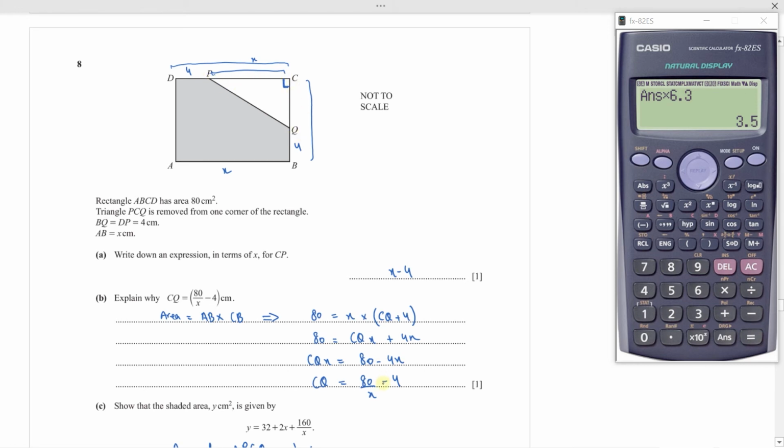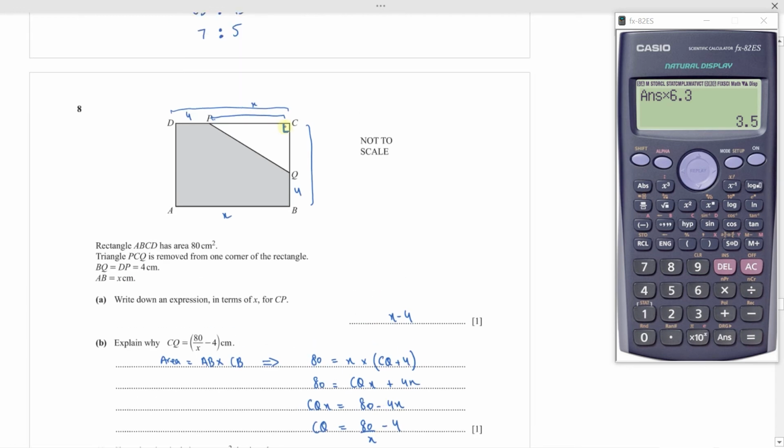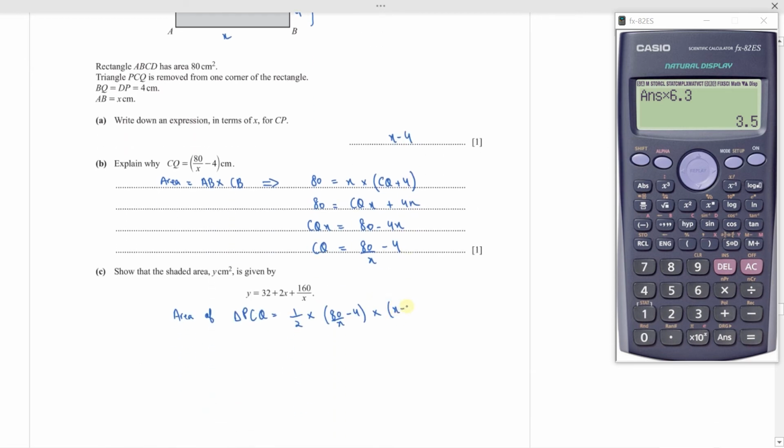CQ we have shown in the previous part is 80 over X minus 4. So 1 by 2 into base will be 80 over X minus 4 multiplied by height, which is CP. CP we have written as X minus 4. So multiplied by X minus 4. Now this is the area of triangle PCQ.